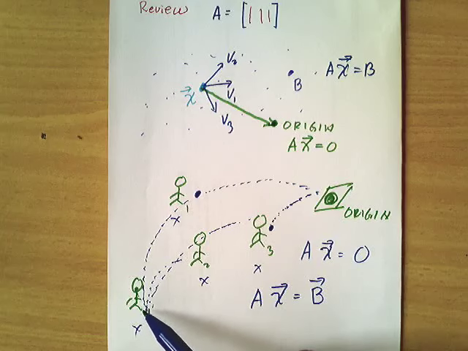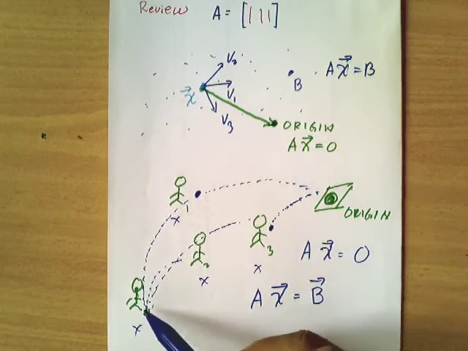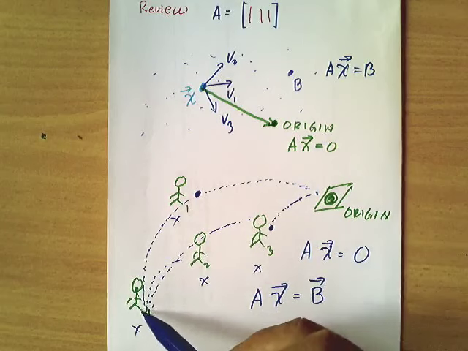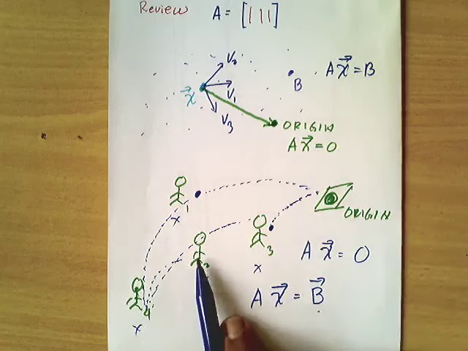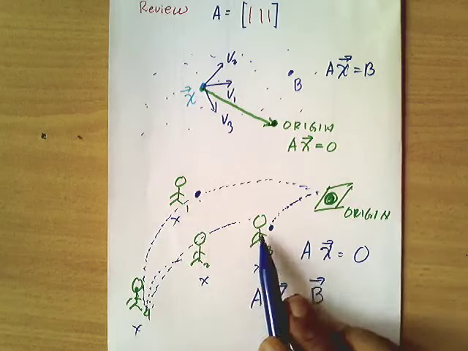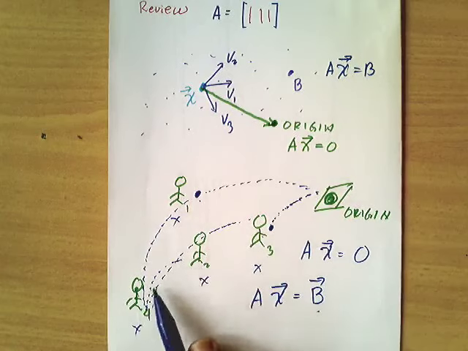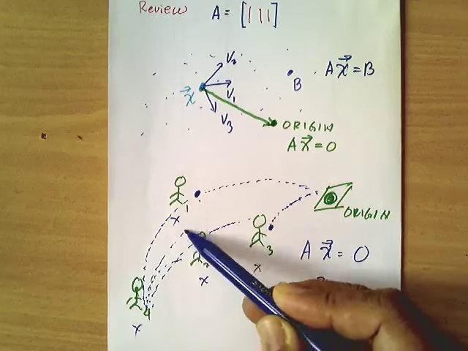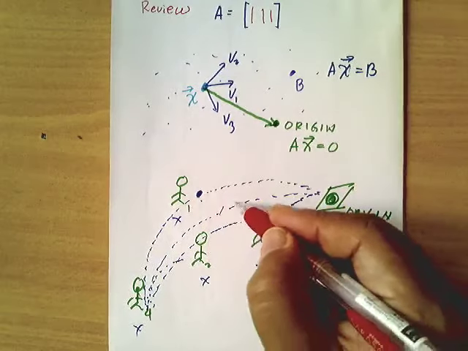Imagine that the matrix is like an energy because they have an ability to move. The energy of player 4 has an ability to pass the ball to player 2. So this b can be player 2, player 1, or player 3. So player 4 can pass it to player 1, 2, or 3, but cannot shoot the ball into the origin.